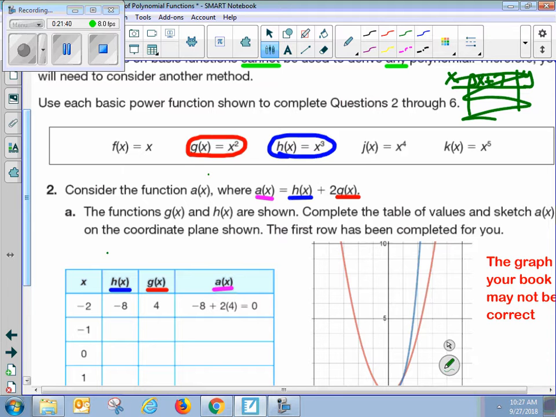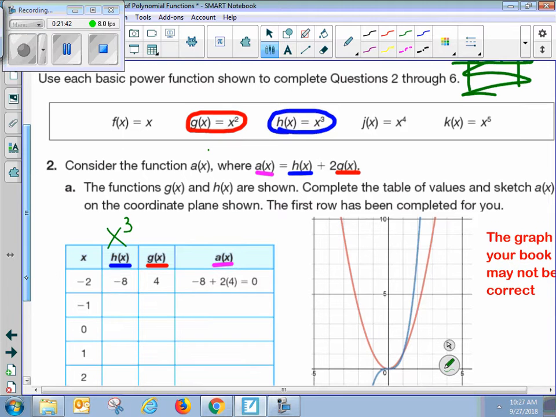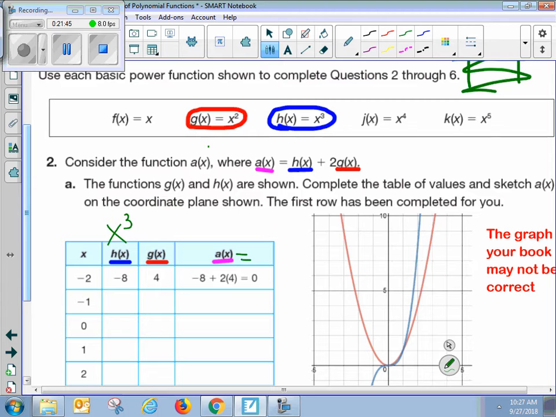X cubed. So I'm going to write that up on top. And in here, since it's going to be my final answer, it says a of x equals h of x, so x cubed, plus, then it wants me to go twice g of x. What's the value of g of x? X squared is circled in red, and the equation says I want to write twice then x squared.